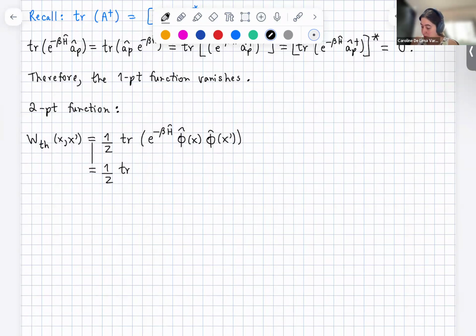What does this look like? This looks like e to the minus beta h, and then I'm just going to expand this phi again in terms of the modes.